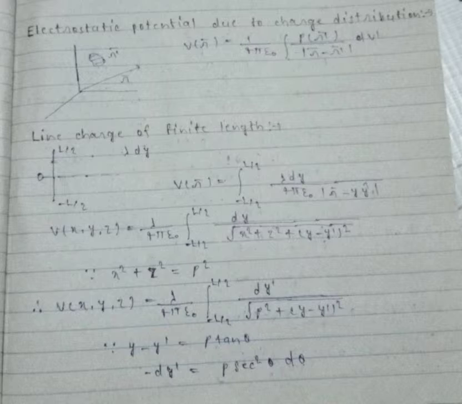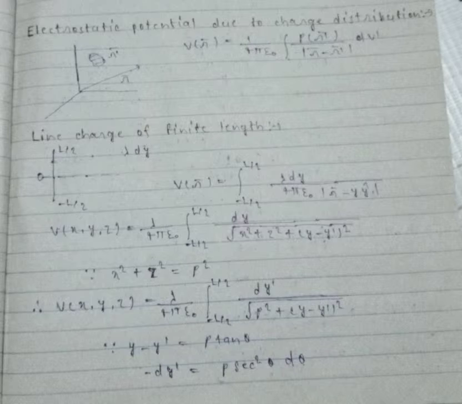Let us now, to do the integral, take x square plus z square to be some rho square. So, V(x, y, z) is given as lambda over 4 pi epsilon 0 integration dy prime over square root of rho square plus (y minus y prime) square. y prime varies from minus L by 2 to L by 2.